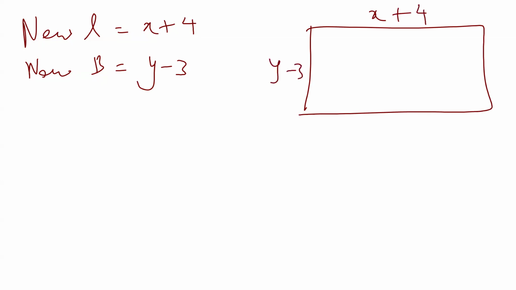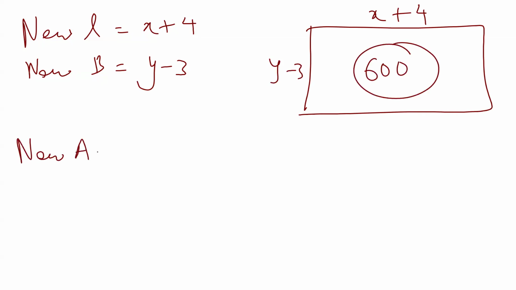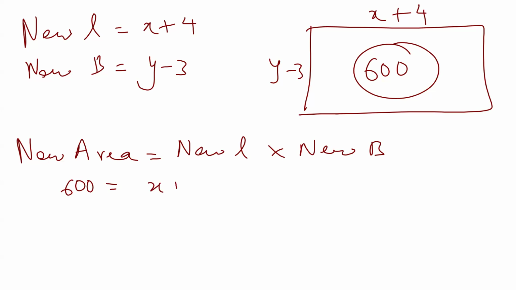And the area of the new rectangle is 600. So new area is equal to new length into new breadth. So 600 is equal to x plus 4 into y minus 3.